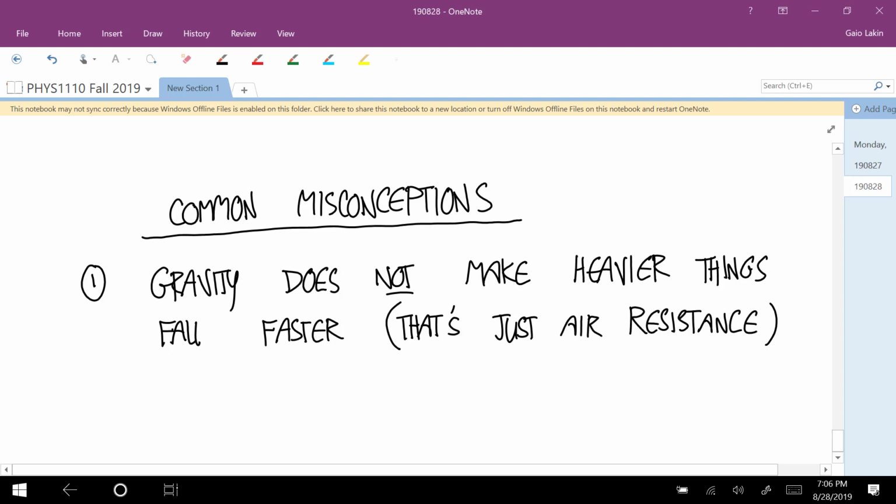The lead ball is obviously going to hit the ground faster. So the parachuter with the large mass is not being pulled faster by gravity. We'll see examples of that.